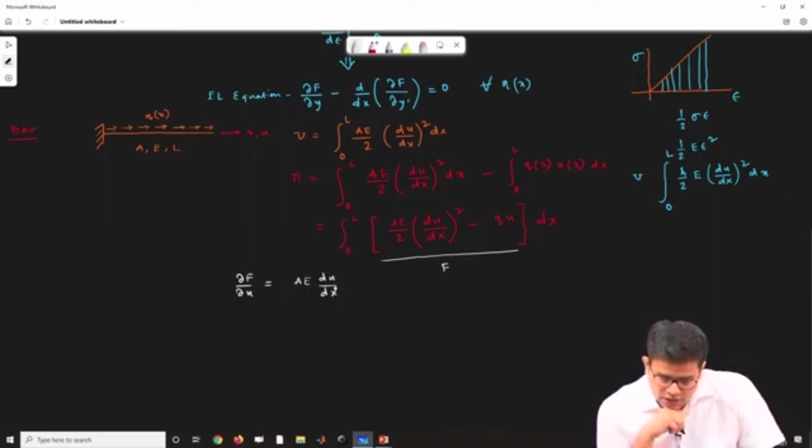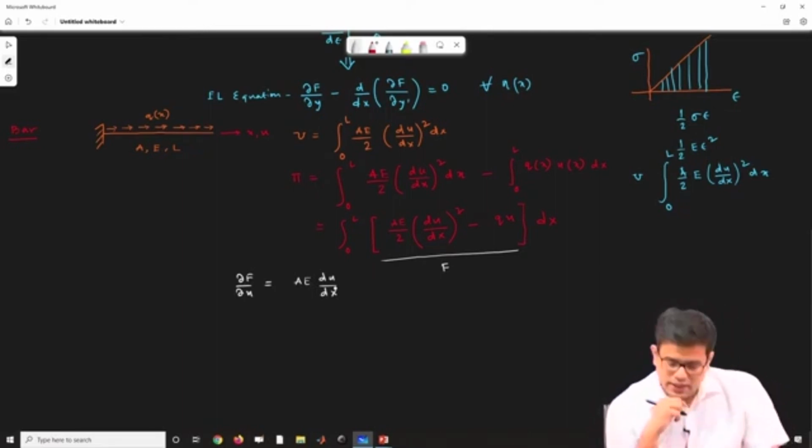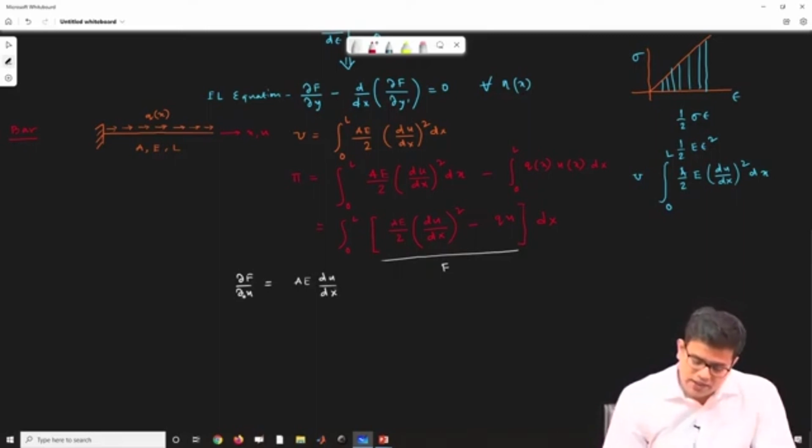So this is my partial derivative of this thing. Now if you do this, then this is wrong, because this is a partial derivative. So that's why it is important to write the functional here in this form.